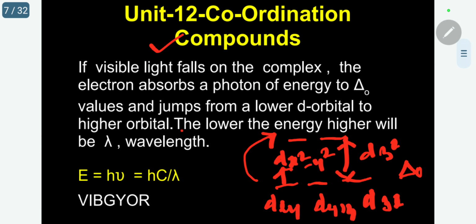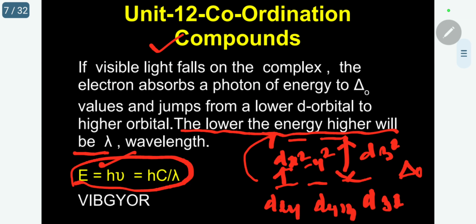Very, very important. We know the equation E equals h nu, or E equals hc by lambda. Energy and lambda are inversely proportional. So the higher the lambda, the lower the energy, or the lower the lambda, the higher the energy.